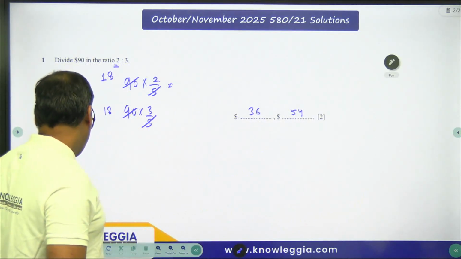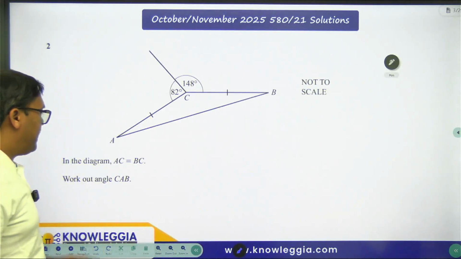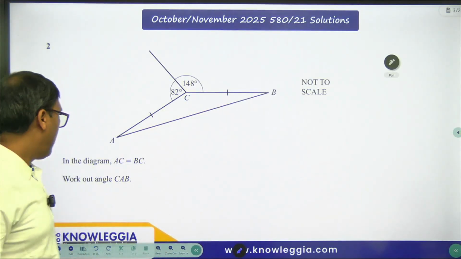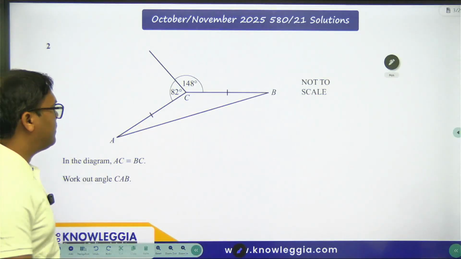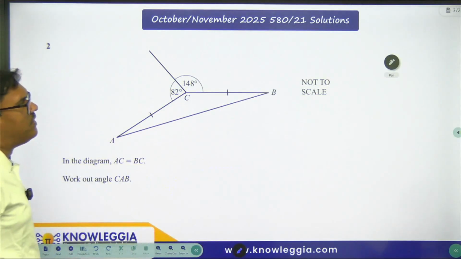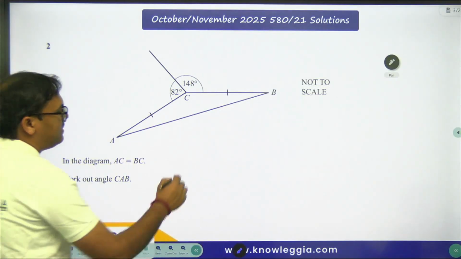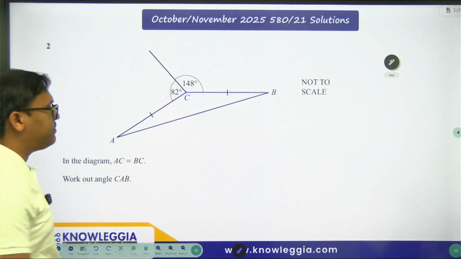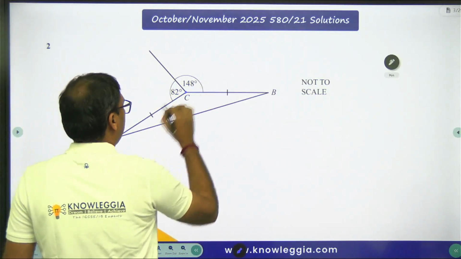First question. Easy. The second one. In the diagram, AC is equal to BC, and you have to work out the angle CAB. So how will you find this? Here you can clearly see the sum of angles at C should be equal to 360. What is this angle ACB?